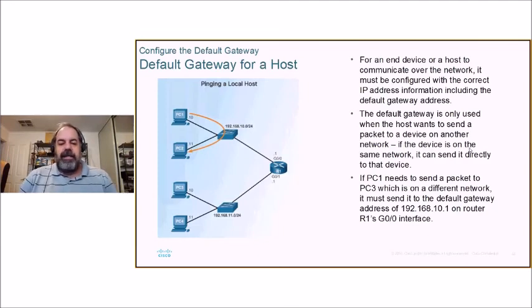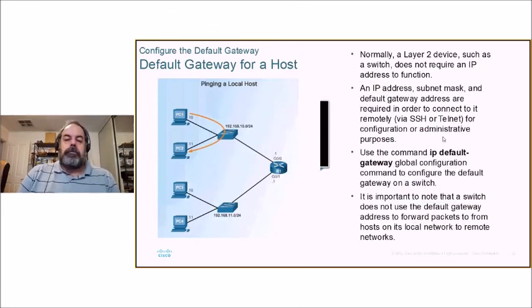PC1's IP address is 192.168.10.10. The gateway's address is 10.1. It's also got 11.1, but PC1 must be using that interface because this PC can only talk to hosts on the same network as it. So the gateway needs to be on the same network as it to be able to talk to it. Same here: PC3 needs to know that its own IP address is 192.168.11.10 and its router is 192.168.11.1.